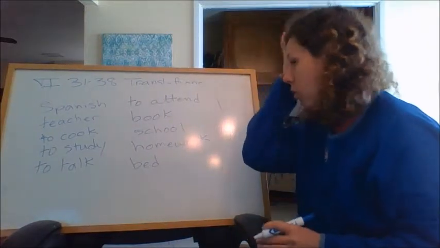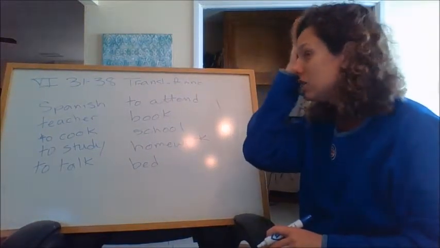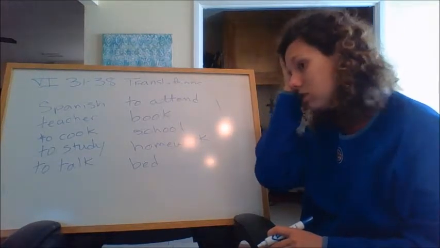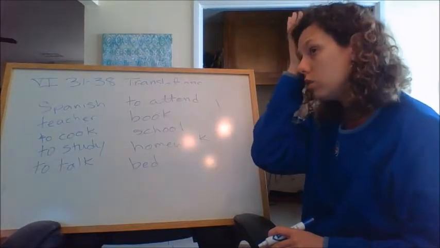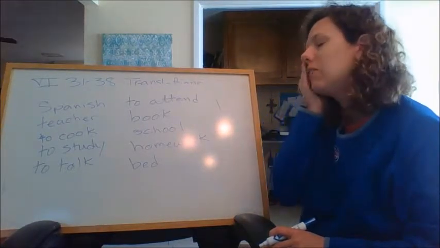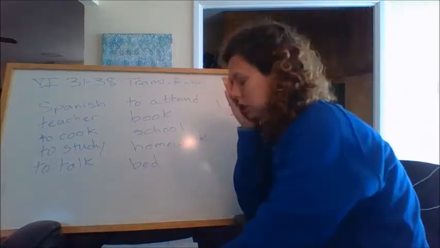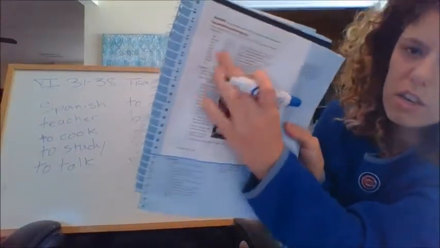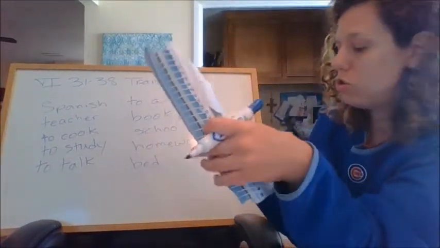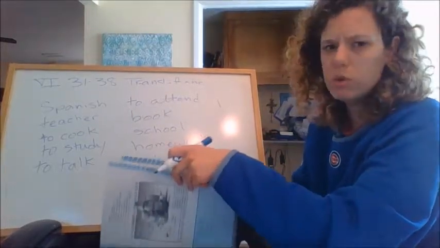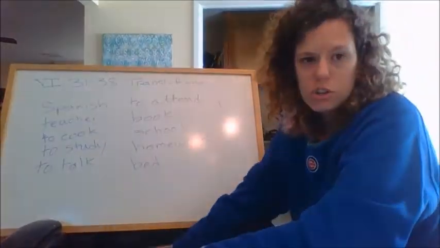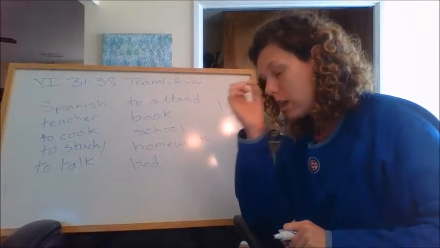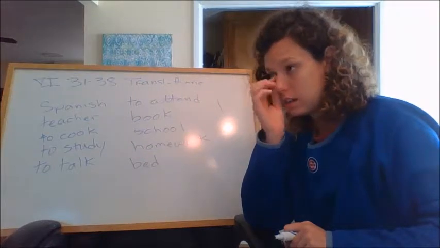Okay. One thing I do want to point out is that because we're doing the pluperfect and the present perfect in the translations, you need to know the definitions of these verbs right here on page 219, and then what was the other one? Like 214. You need to know the definitions of those so that you know how to use them when it says something like, I have eaten.